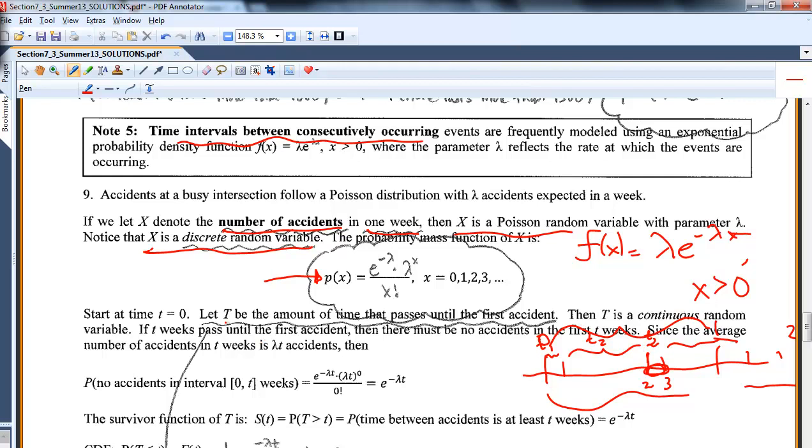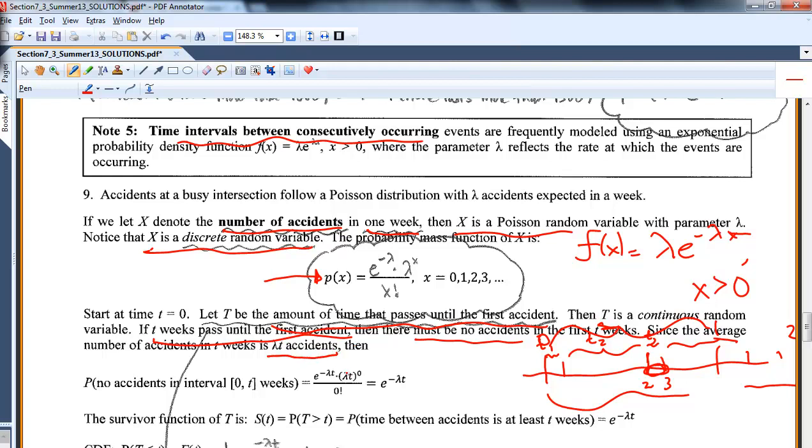Let's start at time equals 0 and let capital T be the amount of time that passes until the first accident. So T is continuous because we're talking about time between accidents. If we let t weeks pass until the first accident, that means there were no accidents in the first t weeks. So we're kind of playing a little game now. In t weeks, we'd expect there to be lambda t accidents.